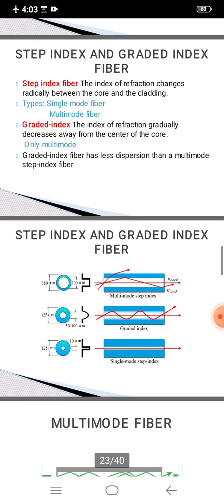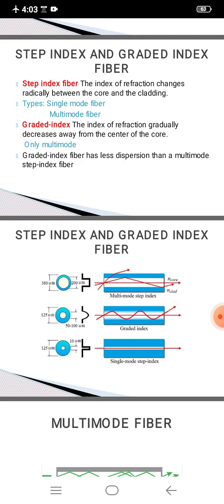So refer this diagram. So in first diagram, we can see the refractive index of core and cladding changes step by step. This is called step index fiber. So in this step index fiber, single mode as well as multi-mode is possible.